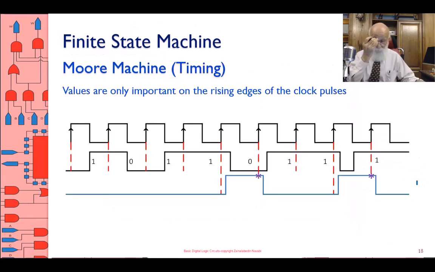And let's go through the timing of this Moore machine. Let's give it an input 1 0 1 1, 0 1 1 1.